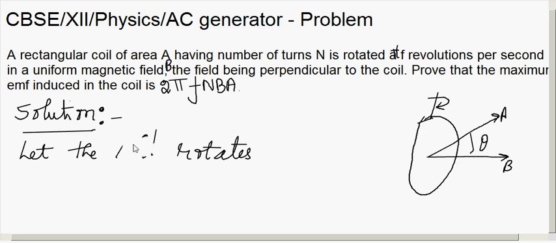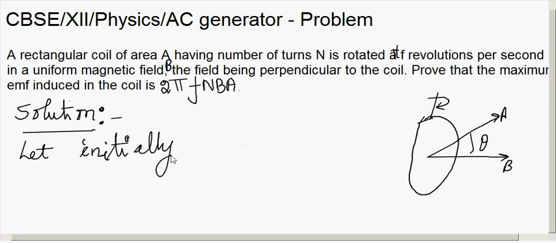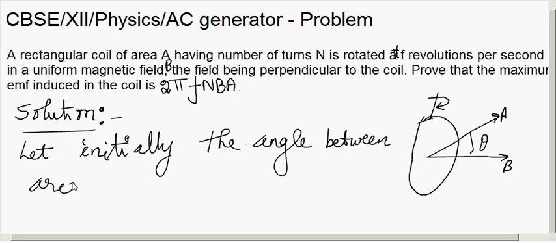Initially, let the angle between the area vector A and magnetic field B be theta.